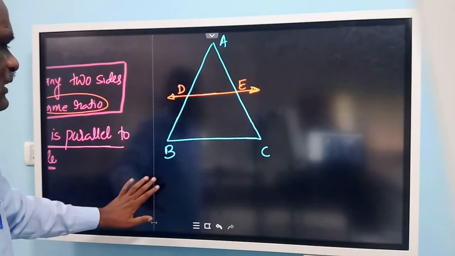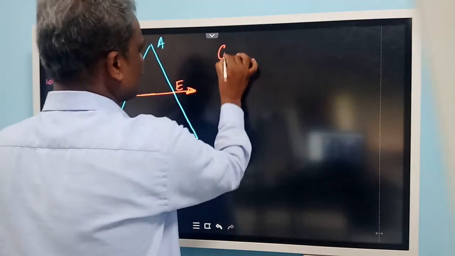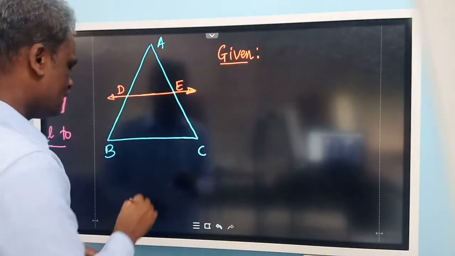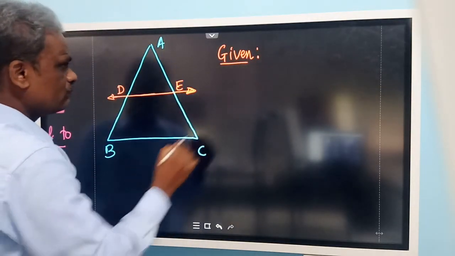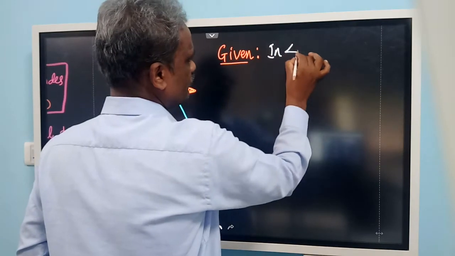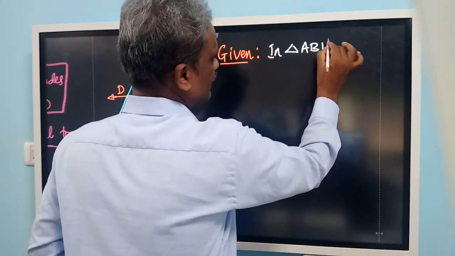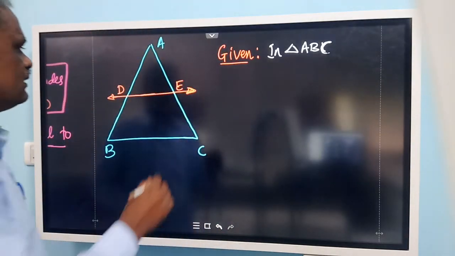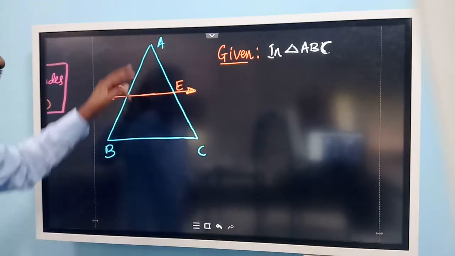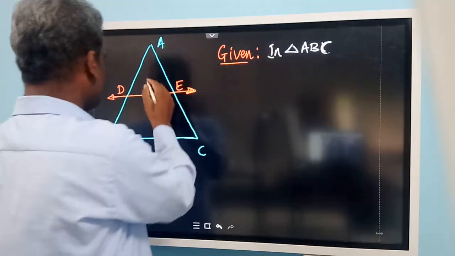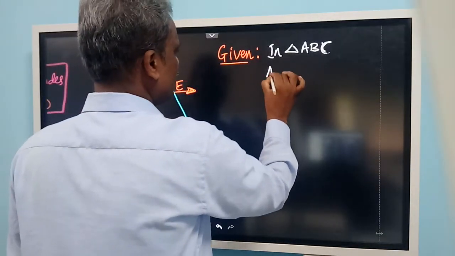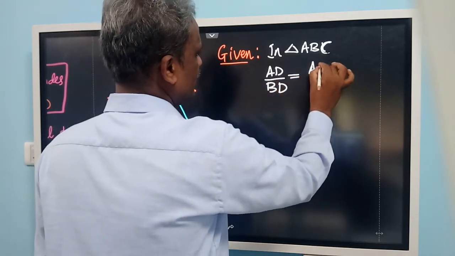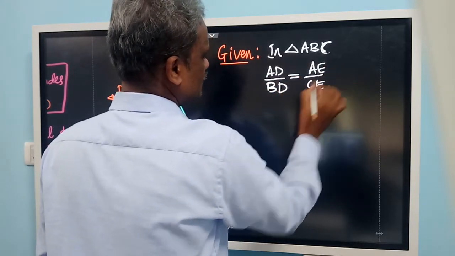So with reference to this, you have to write the statement of what is given here. So given, in triangle ABC, DE is a line that intersects the two sides AB and AC such that AD by BD is equal to AE by CE.